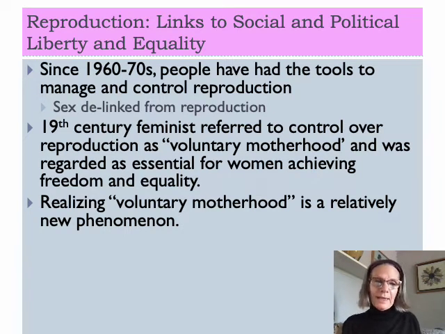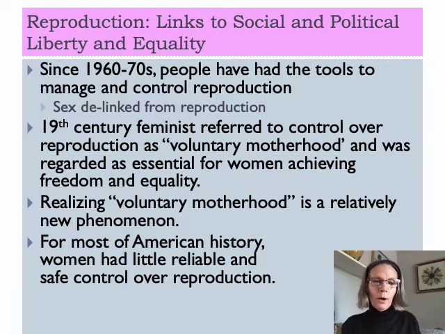This idea of voluntary motherhood has been around since the 1800s. But realizing it, realizing this control over reproduction, is a relatively new phenomenon. For most of American history, at least prior to the 1960s, women and families had little reliable and safe control over reproduction.